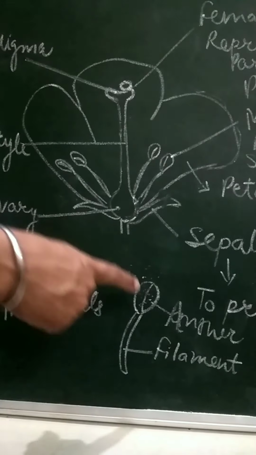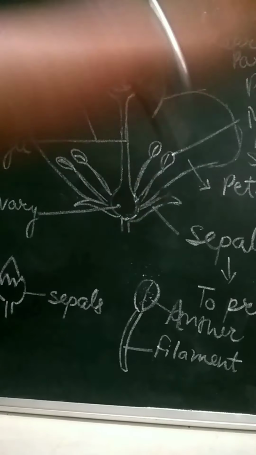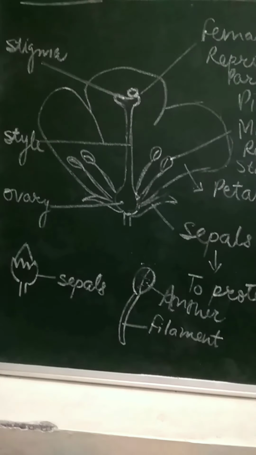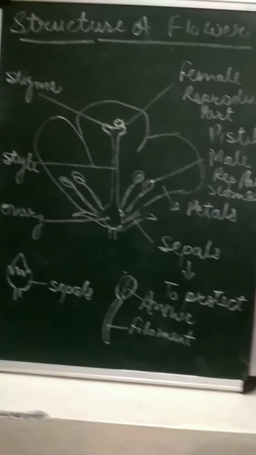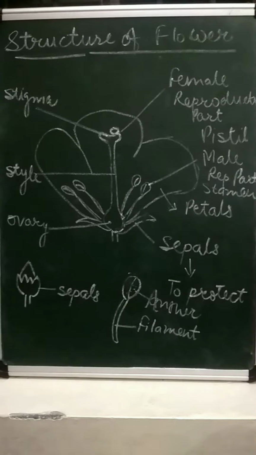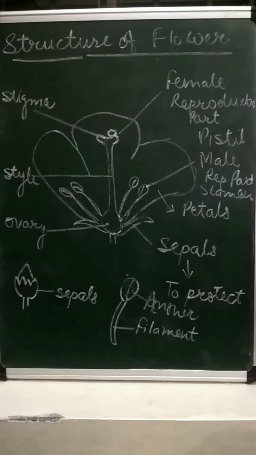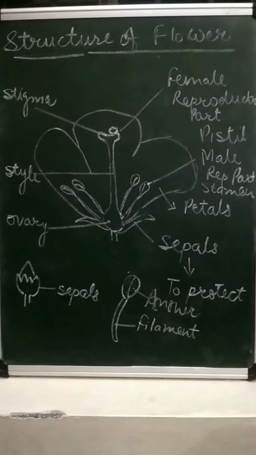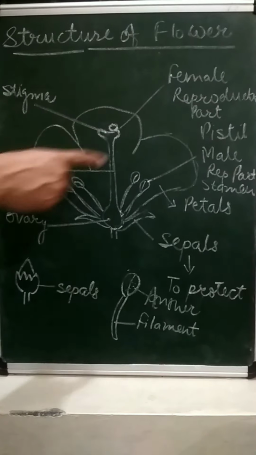But if pollen from the anther of one flower settles on the stigma of another flower, then it is termed as cross-pollination. So what is pollination? Pollination is the transfer of the male gamete onto the female reproductive part, which is of two types: self-pollination and cross-pollination.